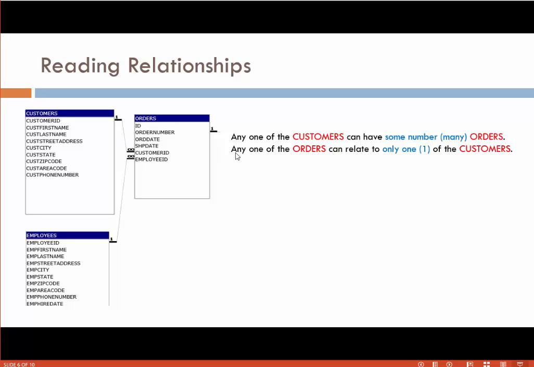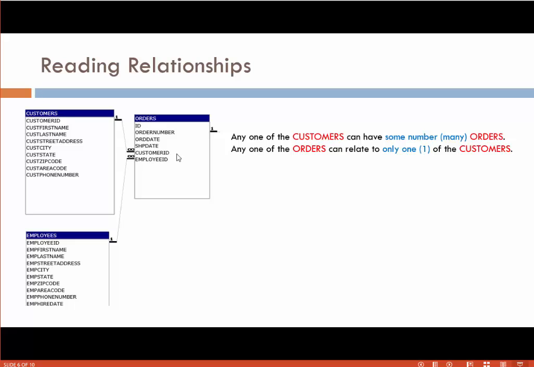So going back, any one order in orders can be related to only one customer. And that makes sense. If you start having multiple customers associated with an order, things get out of hand. You don't know who to bill it to. All right? So this makes sense.